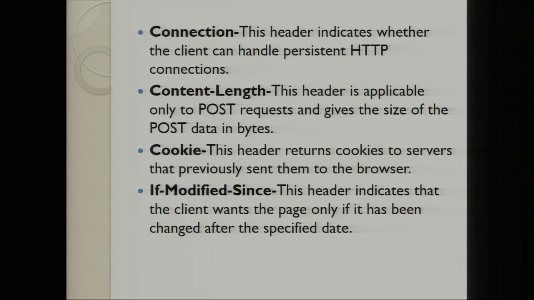So If-Modified-Since is the kind of header which indicates whether any modification has been made to that particular file. If it has been updated within those many days, or since the specified date, then it returns the value; or else there is no need to upload that file.